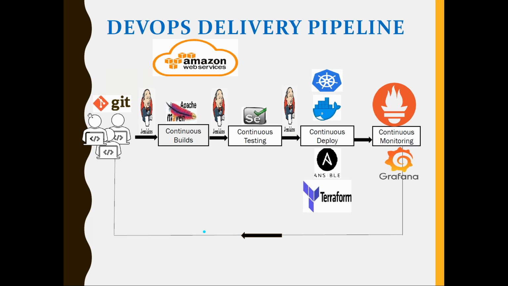Is that still available? Yes, Travis CI also works like Jenkins. It is a continuous integration tool. You have Circle CI, you have Bamboo, Go continuous delivery. You have many tools as alternatives for Jenkins.